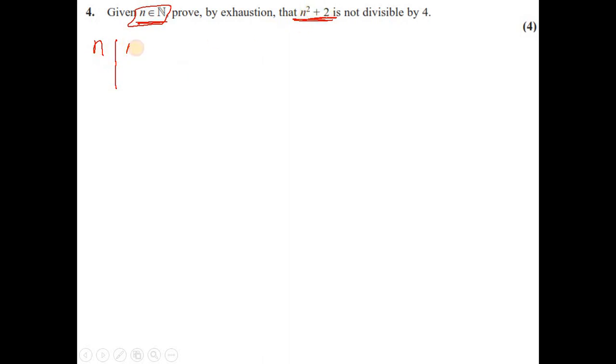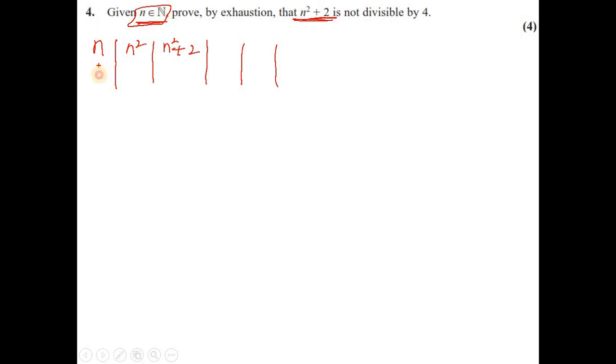So next is n squared and then n squared plus 2. Then we might need some other reference column here. Because n belongs to the natural numbers, we start from the beginning.